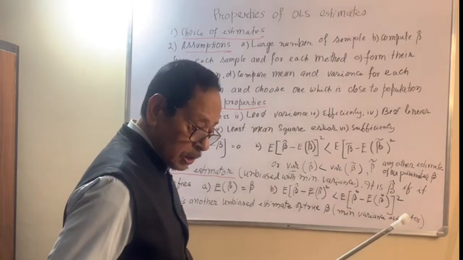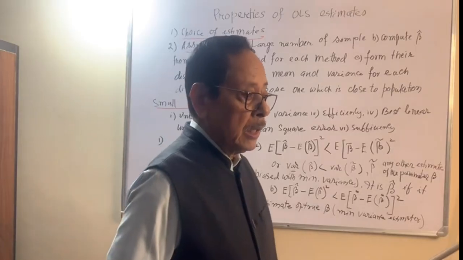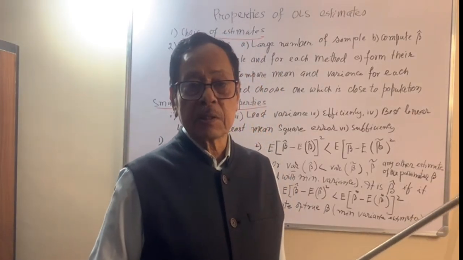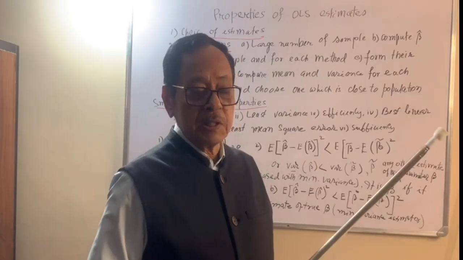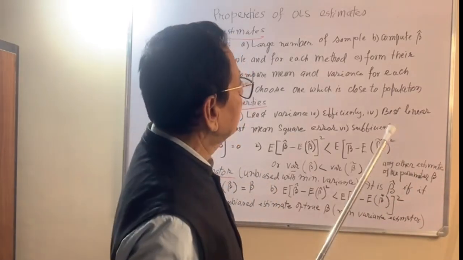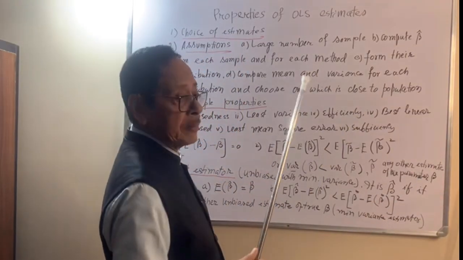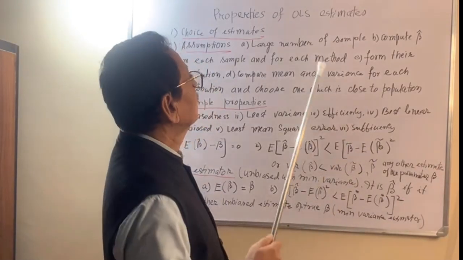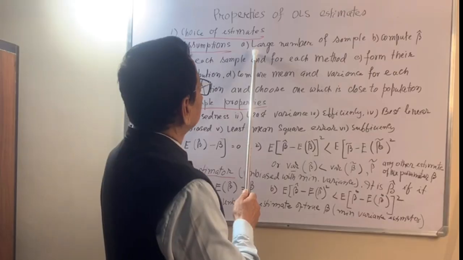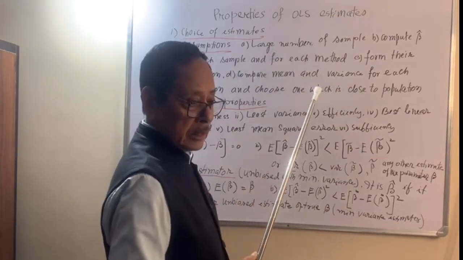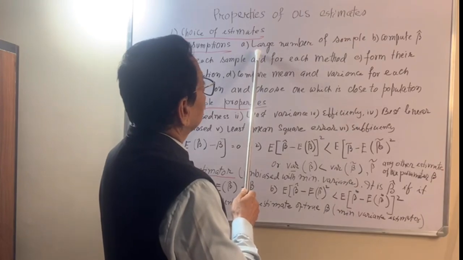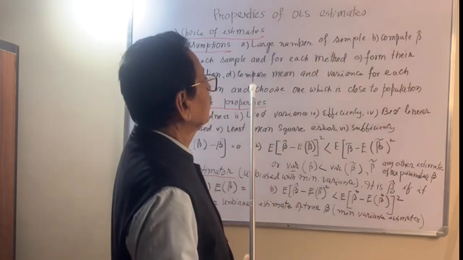For a small sample, generally, the parameters may be biased. That means the difference between the estimates of the population and the estimates of the sample may be wider or higher. As a result, the precision will not be good, so we will need large samples.